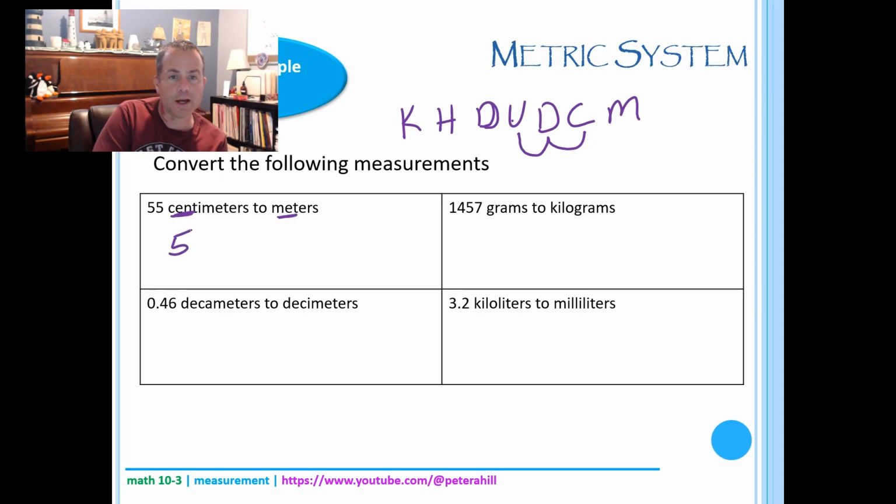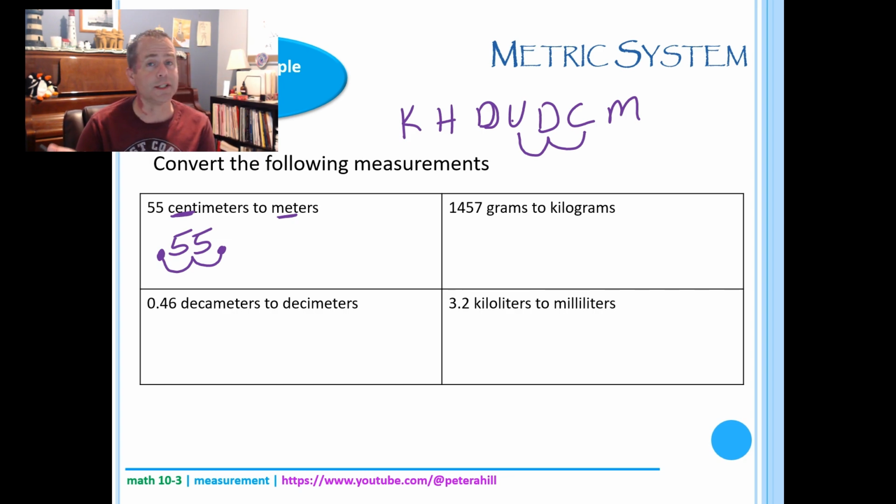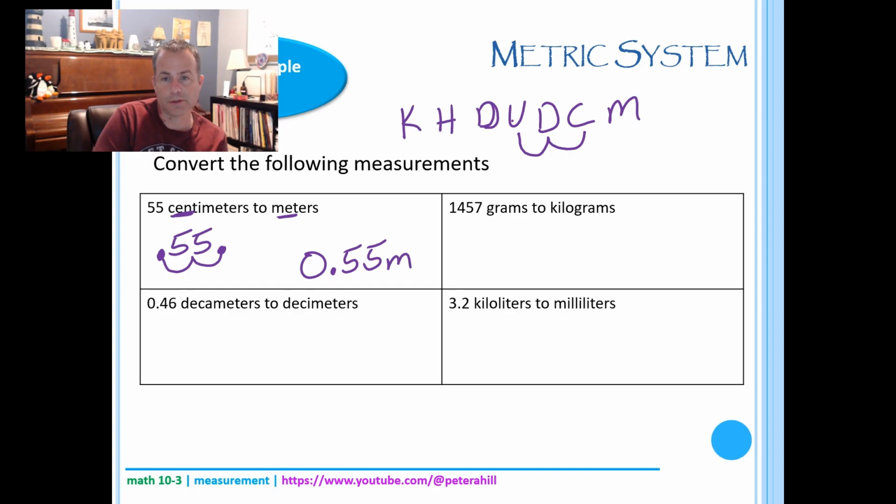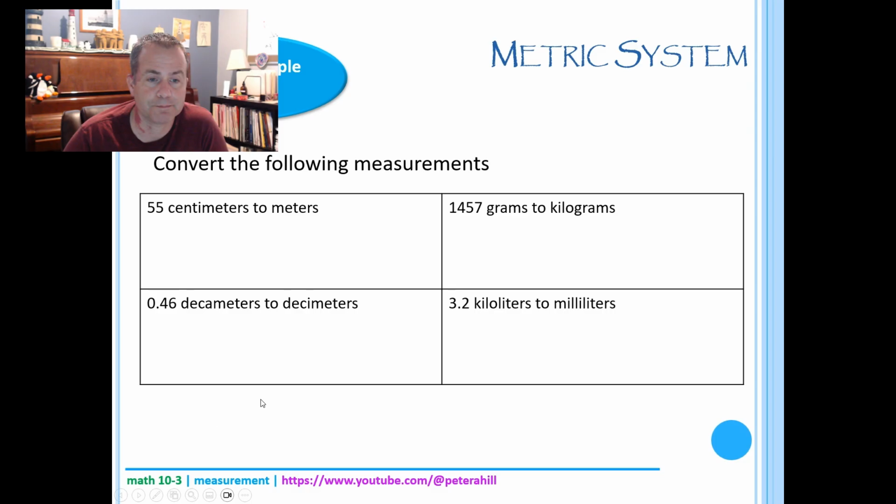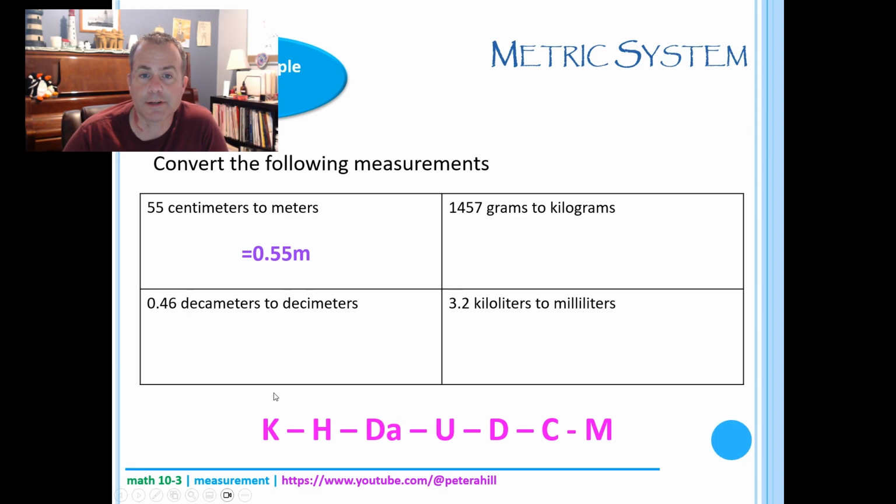So 55, my decimal is right there right now. So I'm going to move that 1, 2 to the left, and it's going to be there now. Now, remember, we don't start a number with a decimal. So my answer would be 0.55 meters. Okay, so 55 centimeters is the same as 0.55 meters.